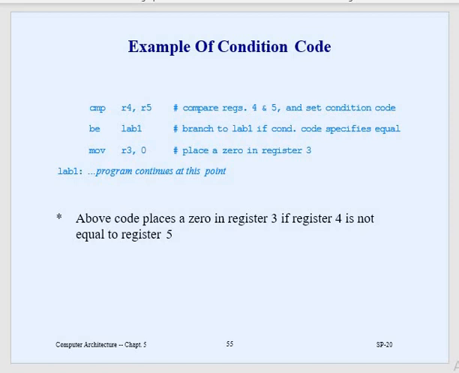The above code places a 0 in register R3 if register R4 is not equal to register R5: it compares the contents of R4 and R5, and if they are not equal, it places a 0 in R3; otherwise it goes to lab 1 and runs it.